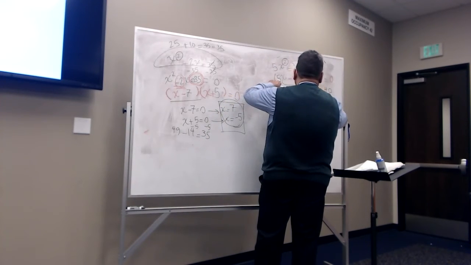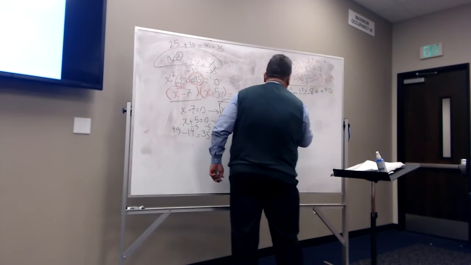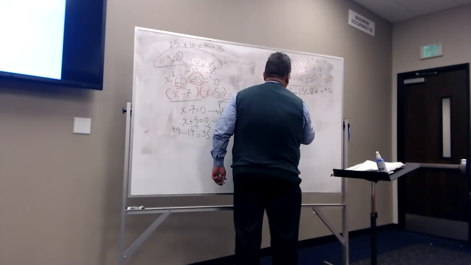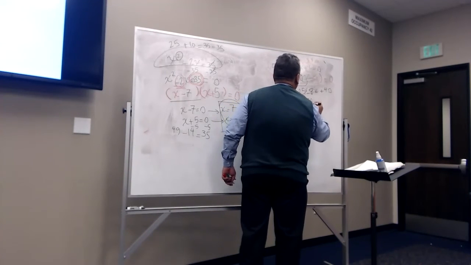So you get 5x squared minus 33x plus 40.